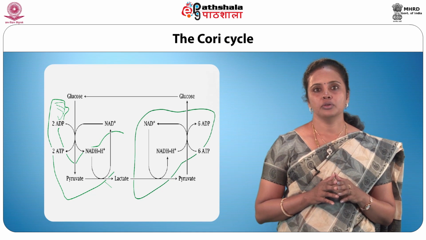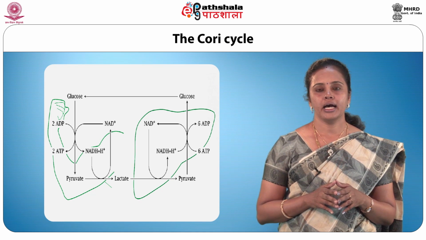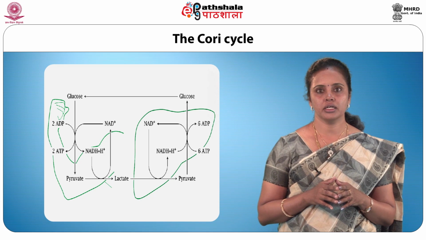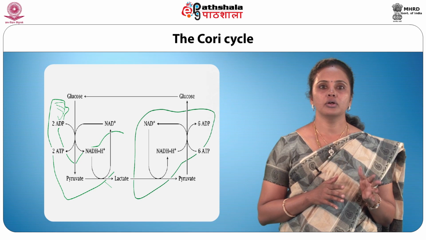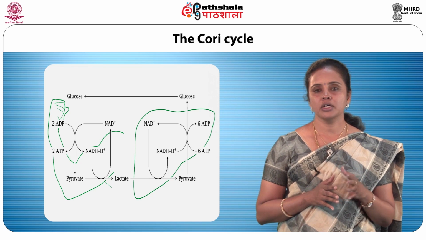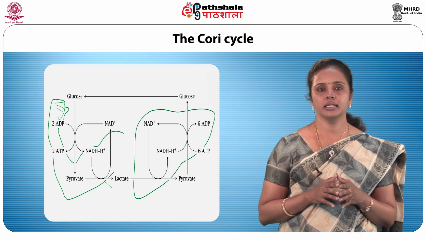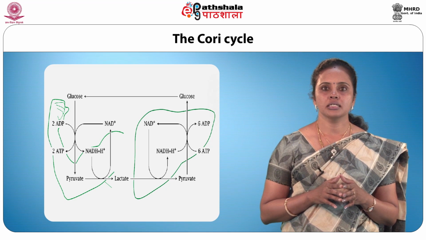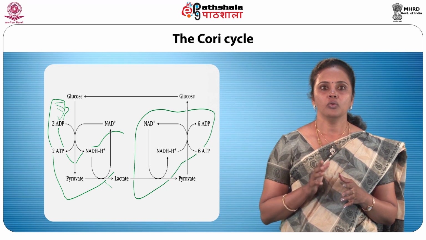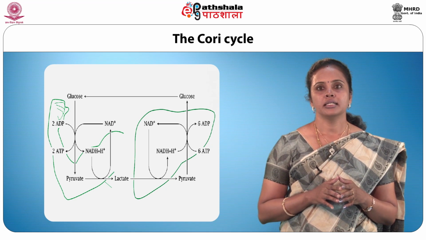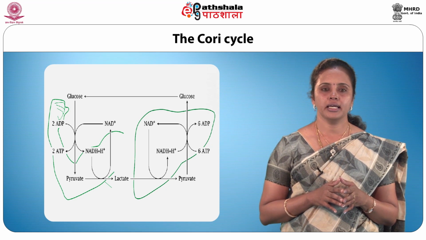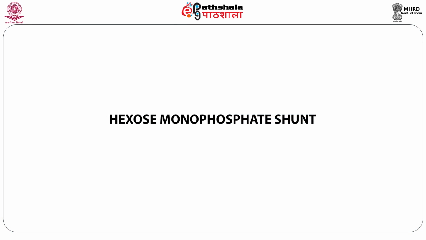This peripheral tissue releases lactate and it is scooped up by the liver, which converts it back into glucose through gluconeogenesis. This process is called the Cori cycle, named after the discoverers Carl and Gerty Cori, who worked it out as early as 1929. This again we will discuss in detail in the next module.